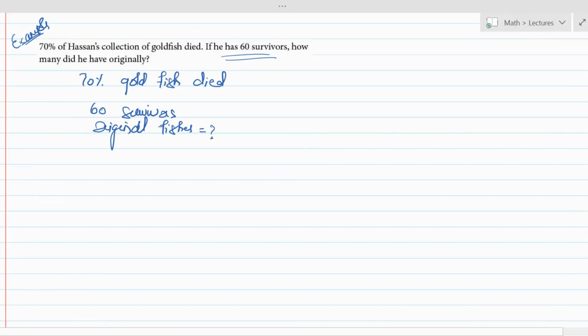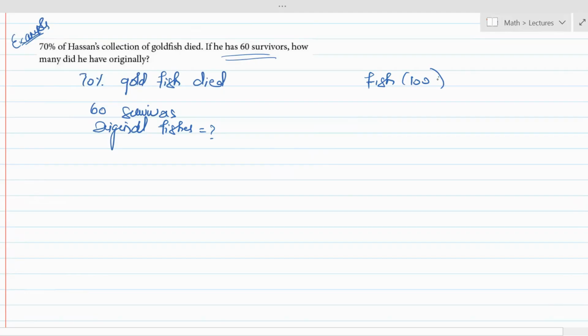Now 70% of the goldfish died and 60 are the fishes which are there, the survivors. It's very obvious that the total fishes represent 100%.